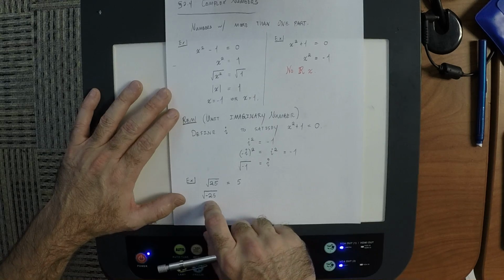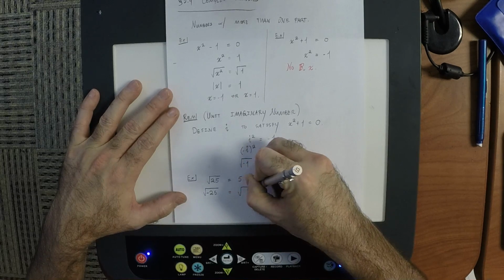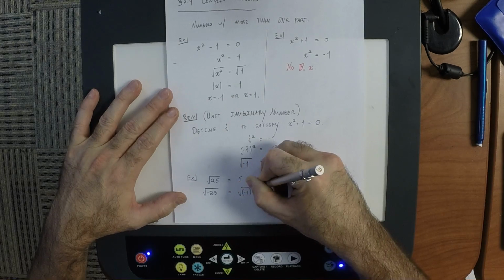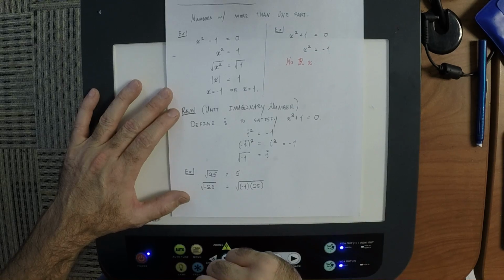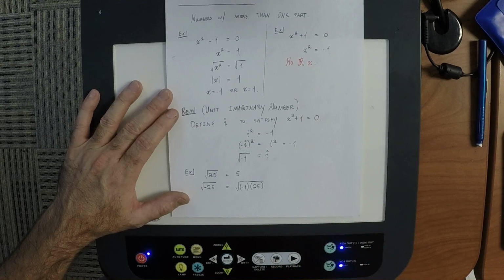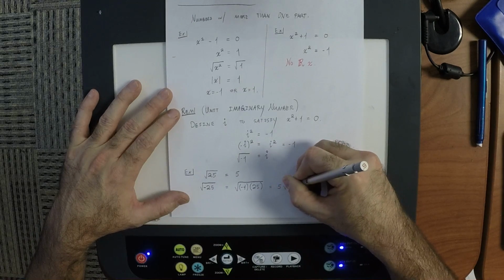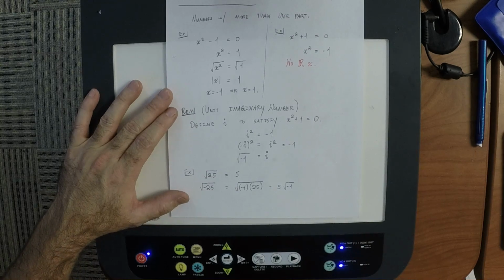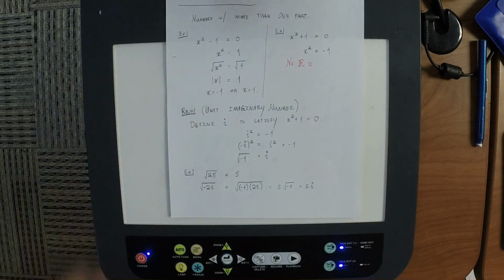However, we can write this now as negative 1 times 25. And how can the 25 come out of the radical? As a 5. And then, what's the square root of negative 1? It's i. Interesting. So the square root of negative 25 is 5i.